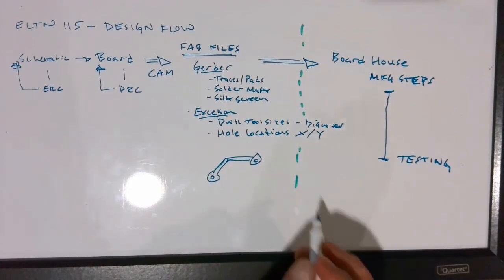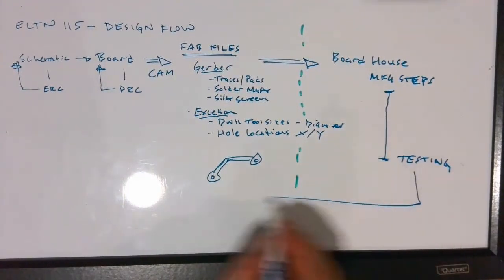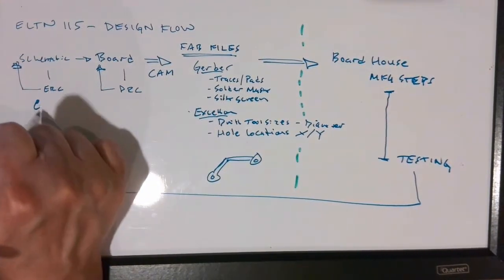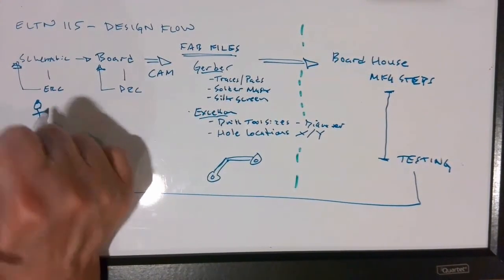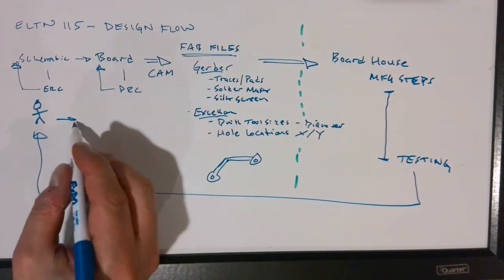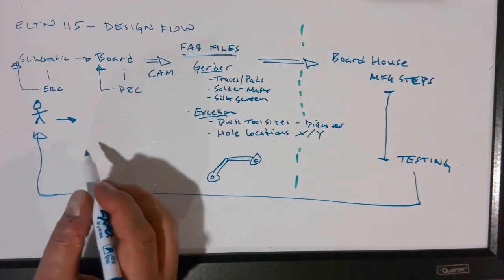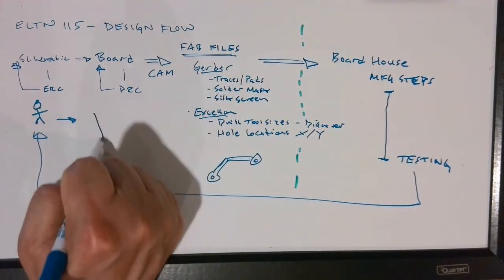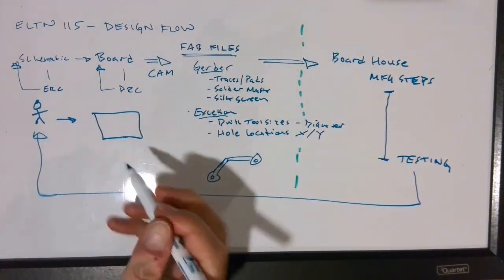And then once that testing is completed, they ship the boards and they come back to you, the circuit board designer. The next step is soldering the components and then testing the final product. When it's all said and done, you have a finalized circuit board.